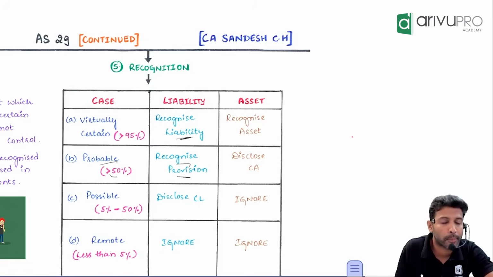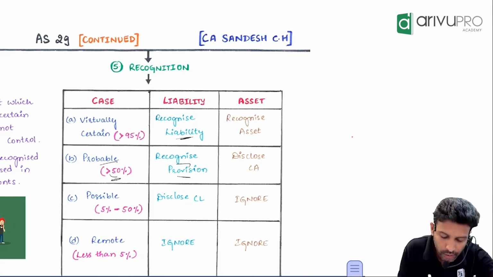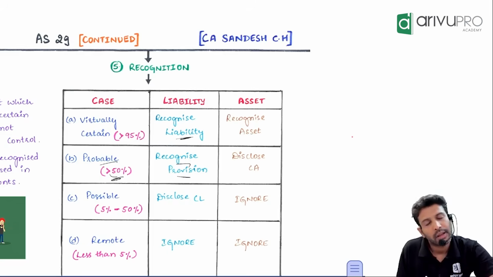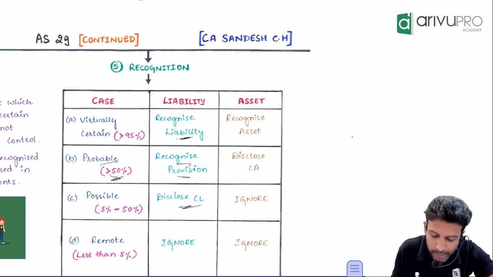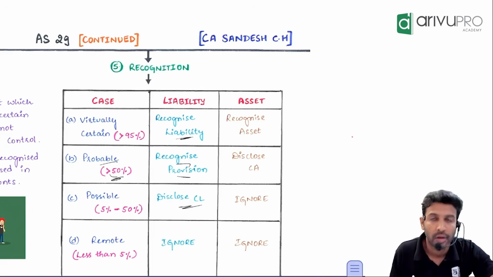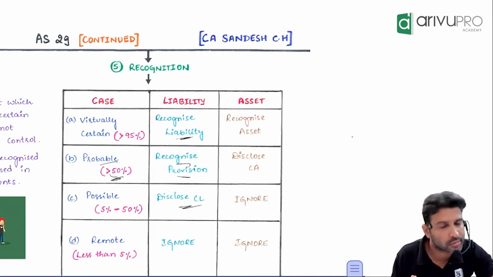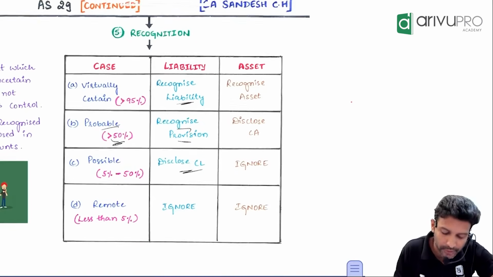Probable obligation means more than 50%. If it is a possible obligation, meaning 5 to 50%, that we call possible. For a possible obligation, do we account or disclose? Contingent liability.